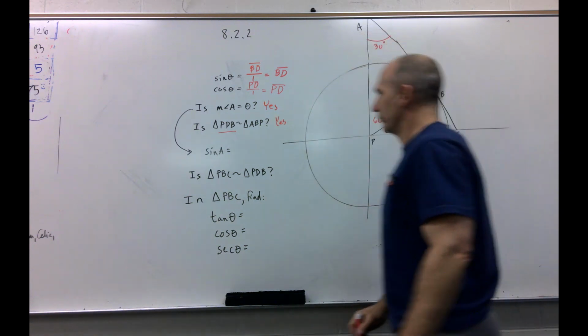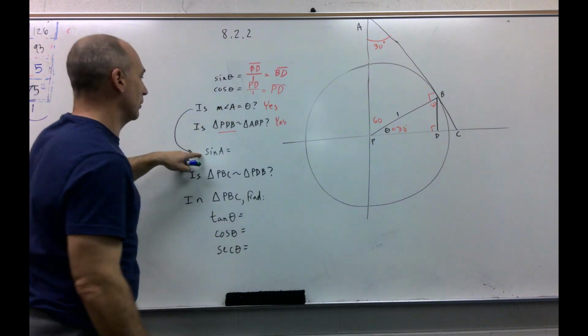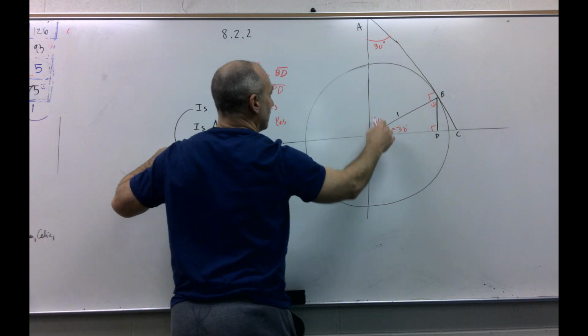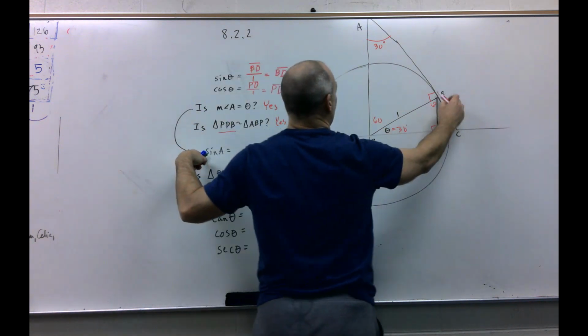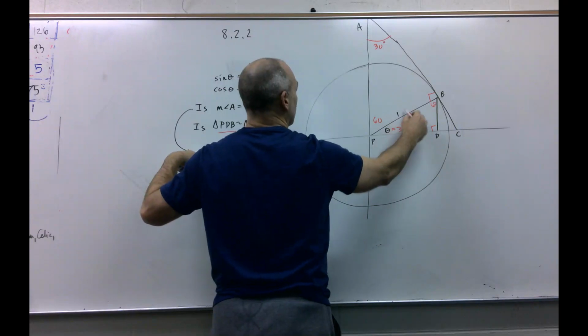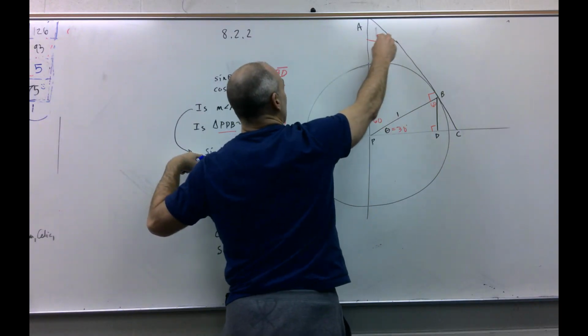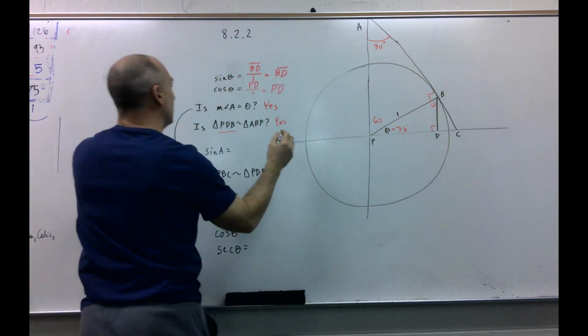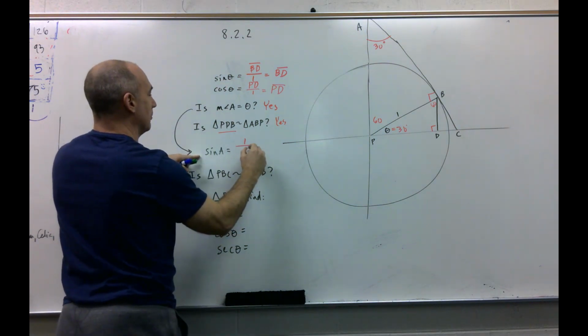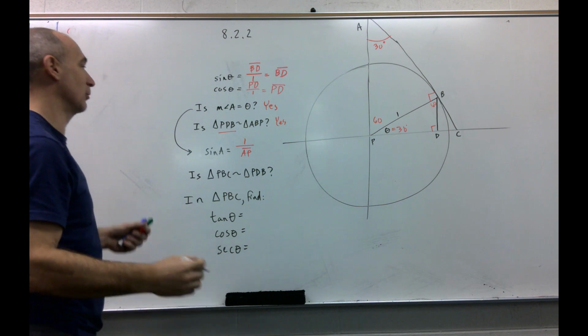Now, what is sine of angle A? Well, that's going into this triangle right here, and that is opposite over hypotenuse, which in this case would be AP. So that would be 1 over segment AP. There's no way we can reduce that because there's no numbers.